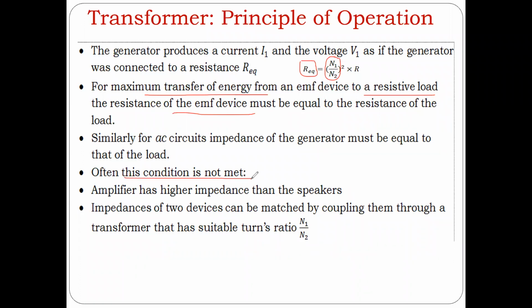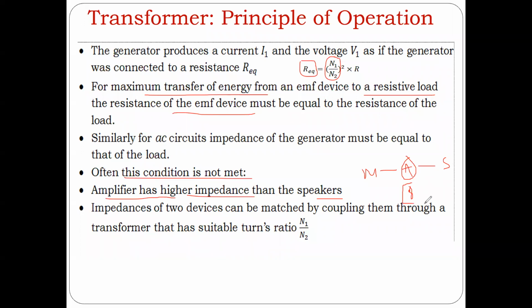Often this condition is not met, that's for sure. For instance, consider the amplifiers we normally use with microphones and speakers. You've got a microphone, then there's an amplifier, and then there are speakers, isn't it? The amplifiers normally have higher impedance than the speakers. So you can have an 8 ohm or 16 ohm amplifier, whereas the speakers could be 2 ohms or 4 ohms.